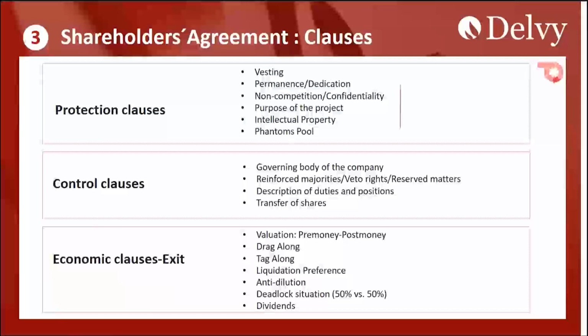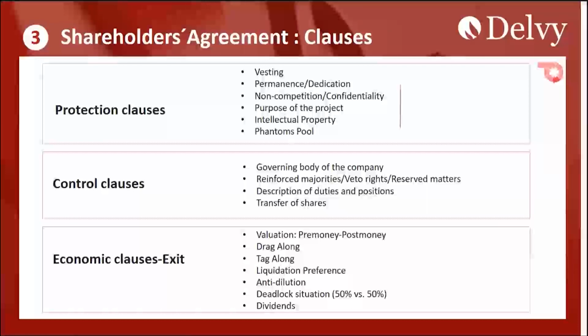The concept of pre-money valuation is what we say our company is worth before receiving the investment. A post-money valuation is what the company is worth after receiving the investment.